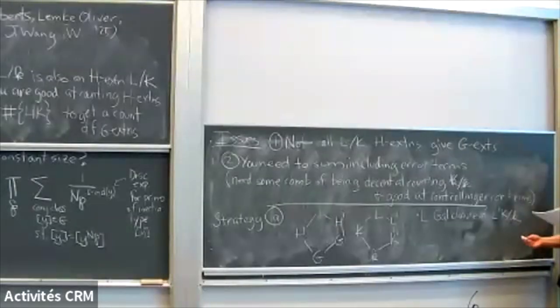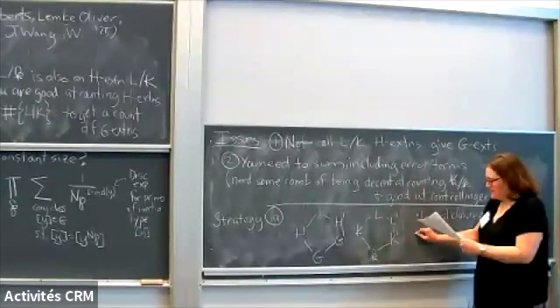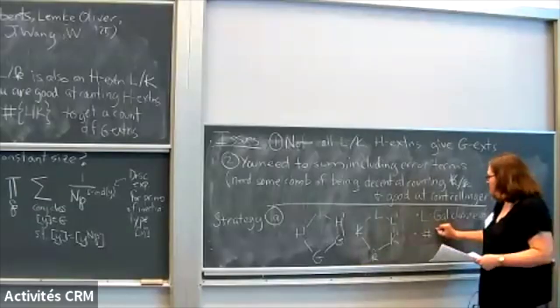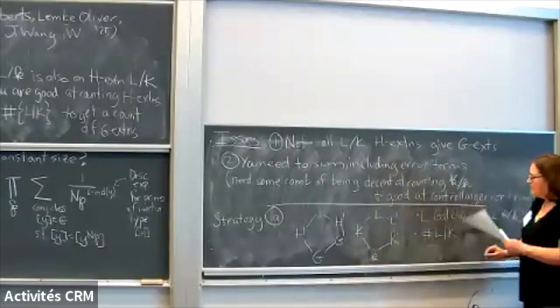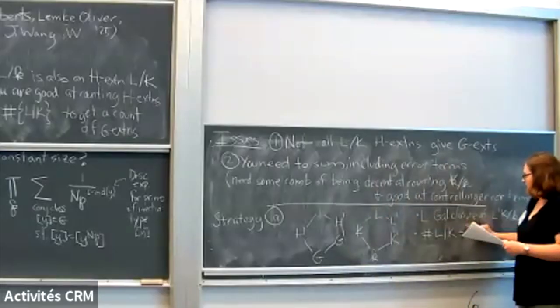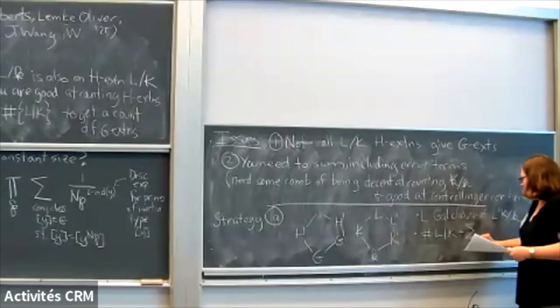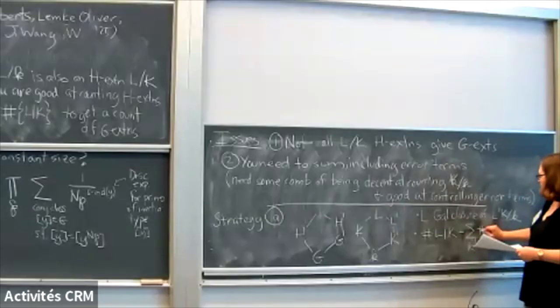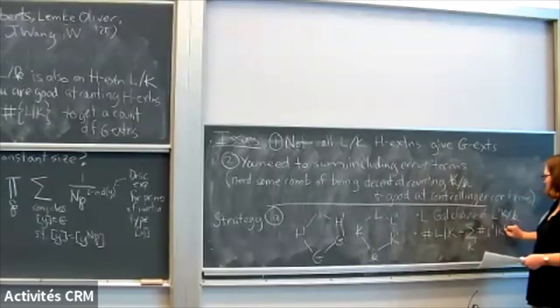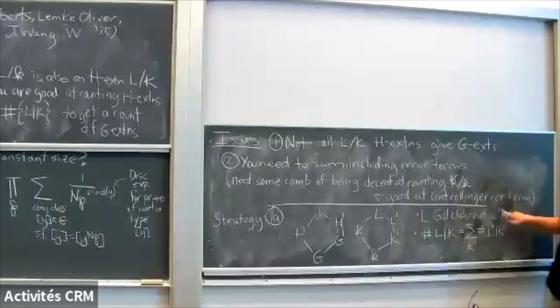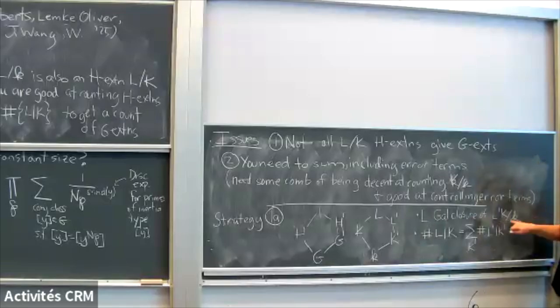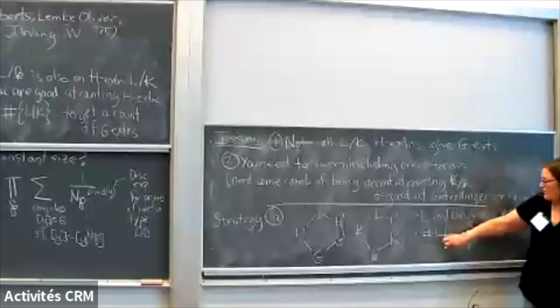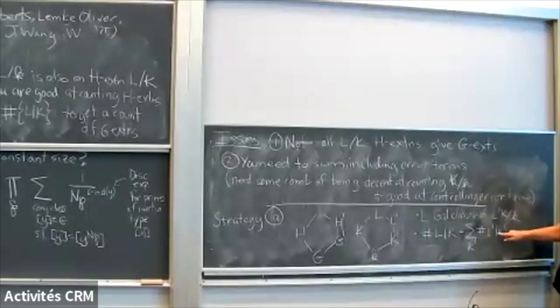So in this setup, the number of these extensions L over K that we're interested in, we could think about by summing over K prime the number of L prime over K prime, because if L is determined by L prime and K, then the L's over K are determined simply by L prime.